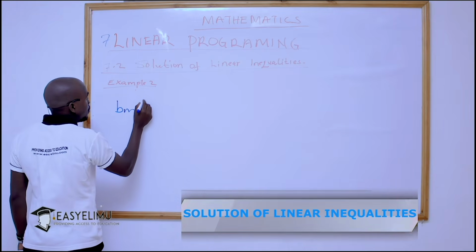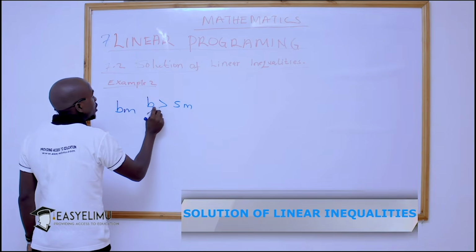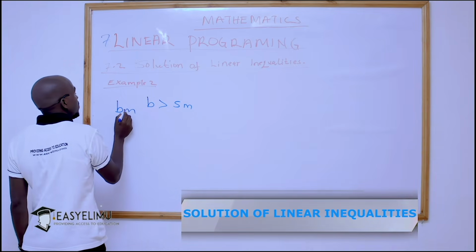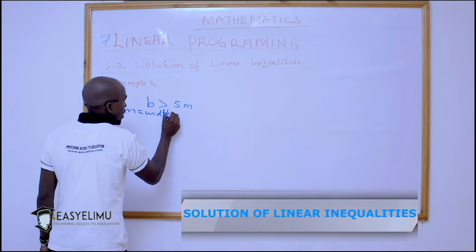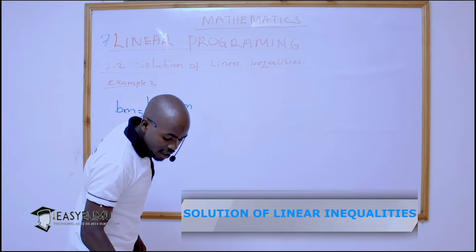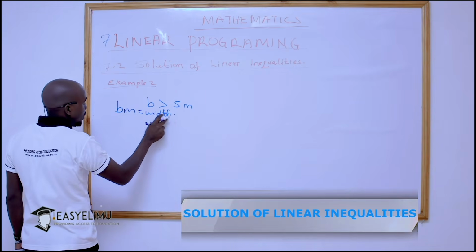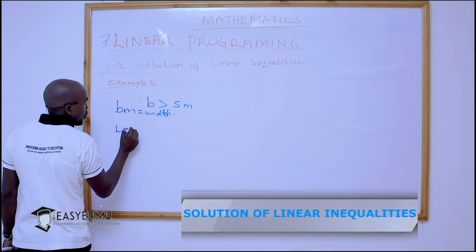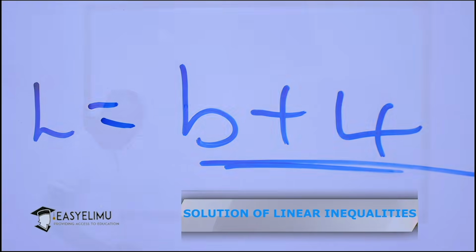So b is greater than 5 meters. And if b is the width, we can say that the length of the room is 4 meters more than its width, so the length is equivalent to b plus 4. We can solve that way.